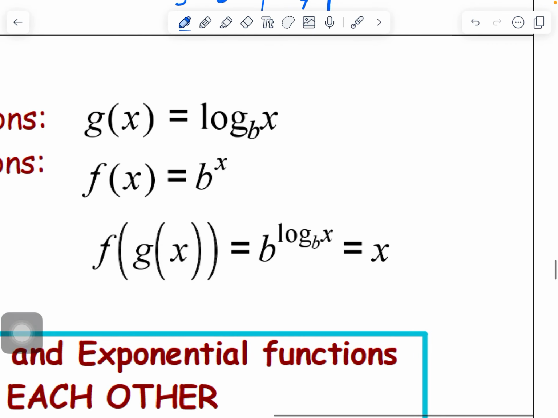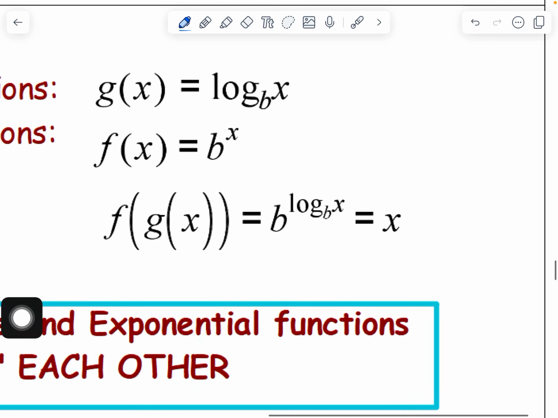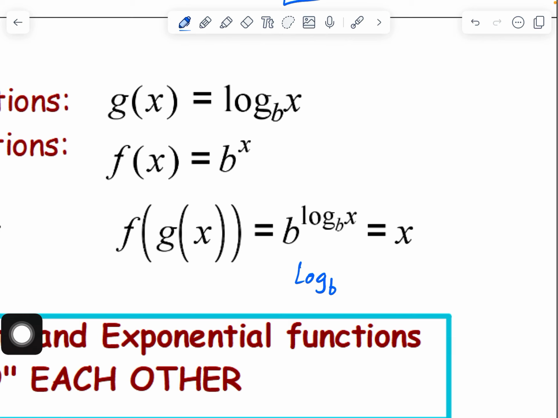Same thing happens if you take a base of log b to the x, because we could rewrite this in the log form. So remember, to write it in the log form, you take your log of our base, which is little b, and then our exponent is right here.